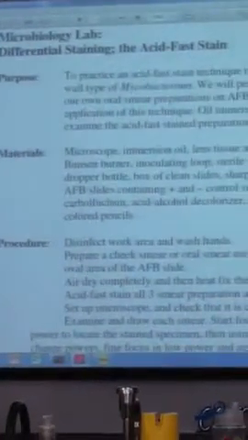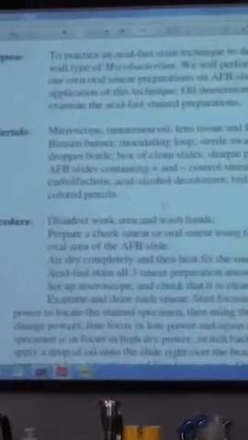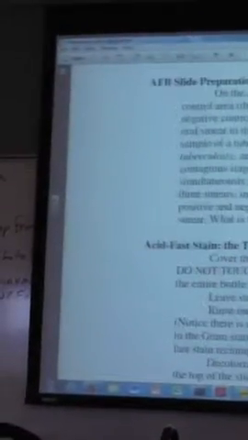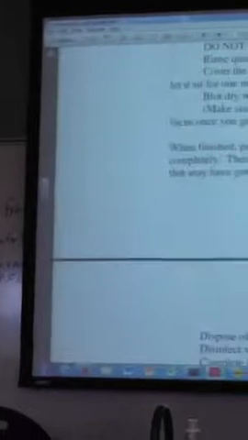I'm in Canvas. This one is the Acid Fast Stain, and it explains what we're doing with the AFB slide, and we're going to do a TB Kinyoun stain. You can read this, and it will give you information about what we're doing. It also tells you how to make it, so the procedure's here also, and a picture of your slide.